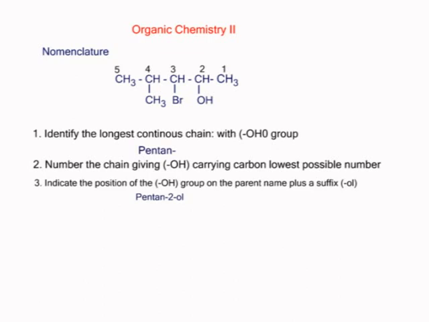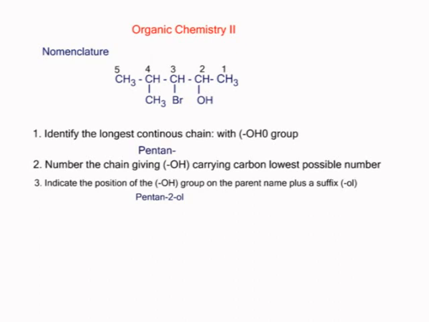Now if there were more than one OH group, then we shall have diol, triol, tetraol and so on. If we had 2 OH groups, let's say on carbon number 2 and carbon number 3, then we shall have pentane-2,3-diol, where the numbers 2 and 3 should be separated by a comma.